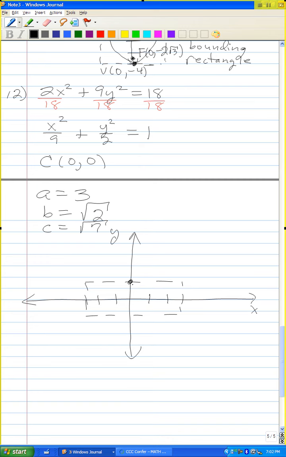And so here are my vertices. Here's my center. And let's see if I can draw my ellipse. And my foci are at radical 7. So somewhere around here. So here are my foci. Here is my center. And here are the vertices. Okay.